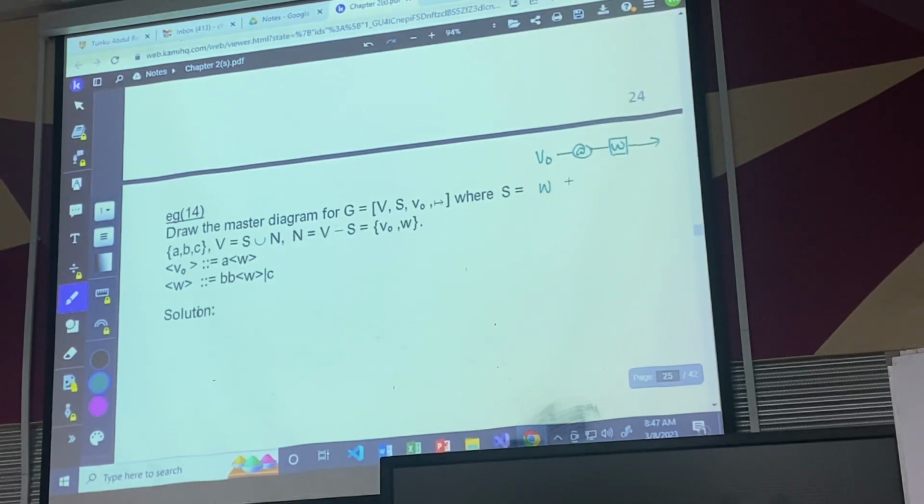Second syntax diagram, W I can substitute with BBW or C. Okay, now I have two diagrams for the syntax. First one AW, second one is BBW or C.